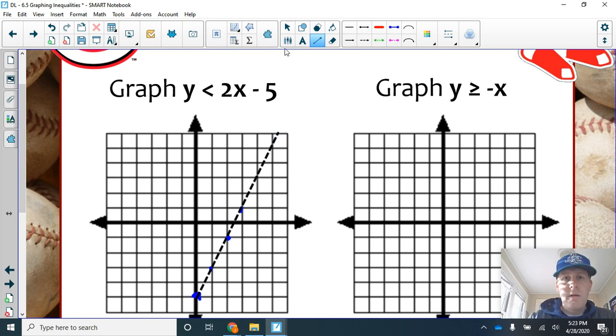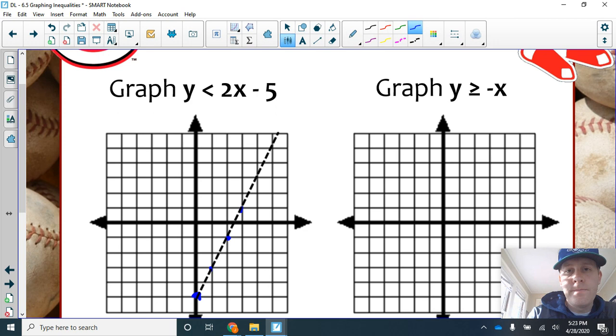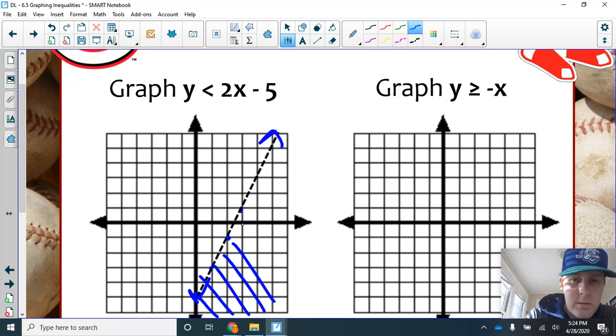Again, to make it accurate, put arrows on both sides. And then we have to decide to shade above or below the line. y is less than, so look at where the line crosses the y-axis. It's crossing down here, so I want to shade below that line. So we're going to shade down this way. That's the region below our line.